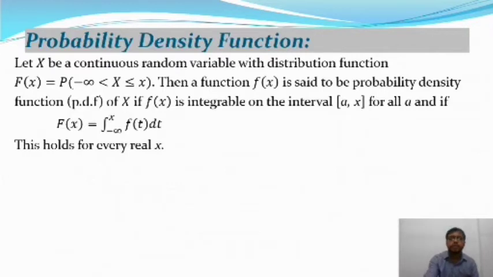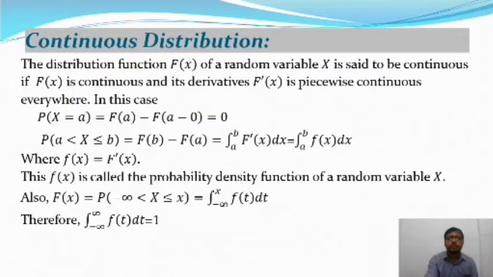It is called a probability density function. After that we are going to talk about the continuous distributions. The distribution function F(x) of a random variable capital X is said to be continuous if capital F(x) is continuous and its derivative F'(x) is piecewise continuous everywhere.